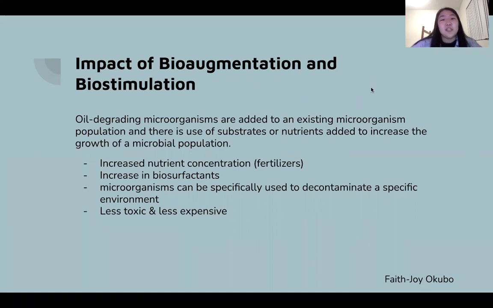And what bioaugmentation and biostimulation does essentially is it increases nutrient concentration, whether that be through fertilizers, so phosphorus or nitrogen fertilizers, the increase in nutrient concentration. By bioaugmentation, when you're adding those microorganisms into the already existing population, you're increasing the biosurfactants.